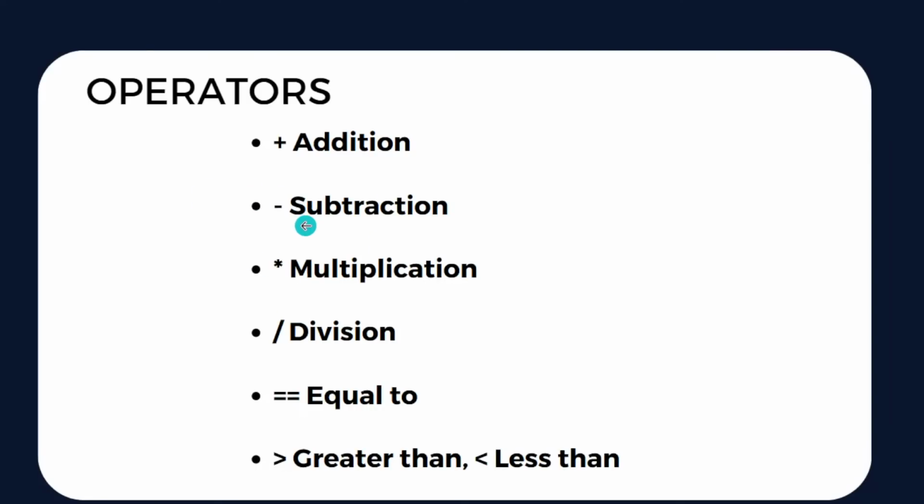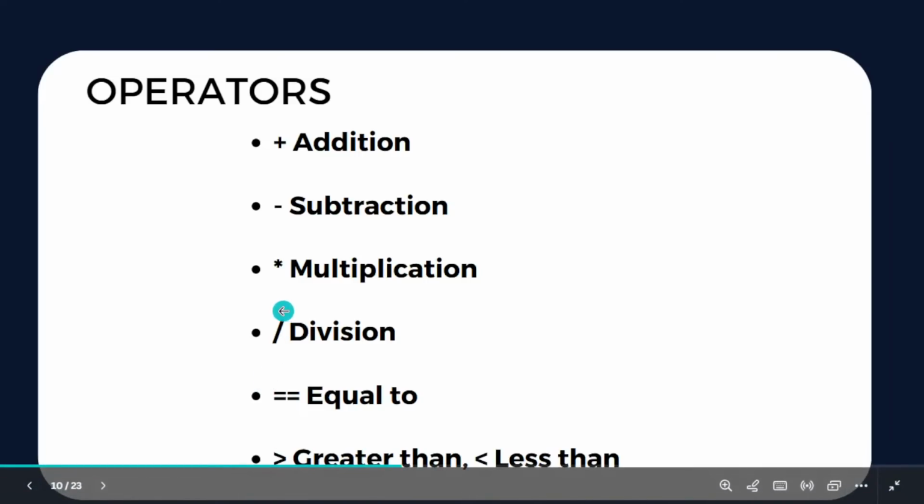And subtraction is the same thing, a subtraction operation. And multiplication, we use the star. We use plus for addition and minus for subtraction, and slash for division. We also saw these things in Python.